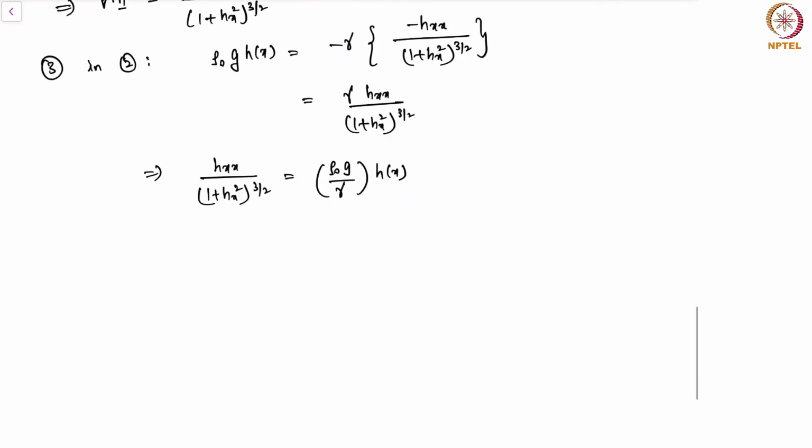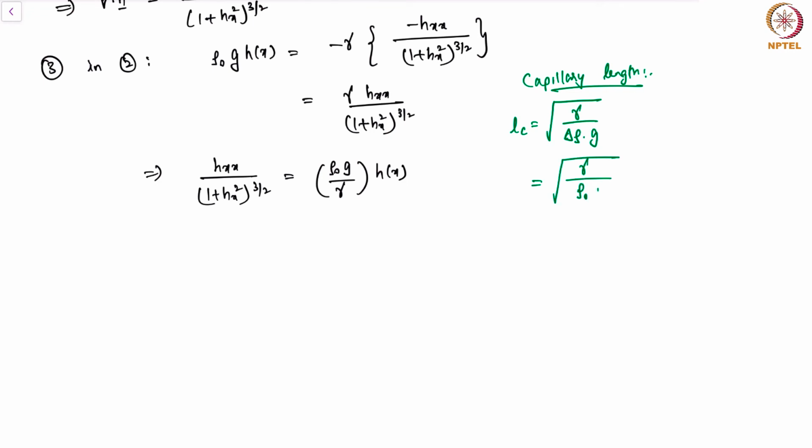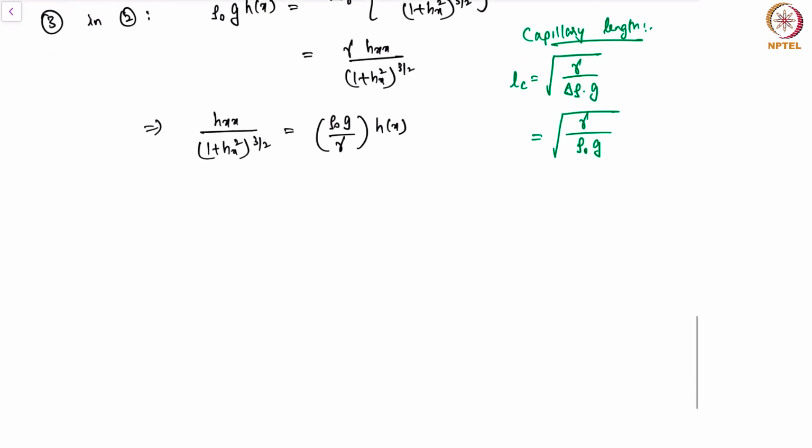Okay. So recall that we have already derived the capillary length. The capillary length would be gamma by delta rho times g, and this reduces to gamma over rho naught times g, because the density of the atmosphere above is neglected, and therefore this simply becomes 1 by LC square times h of x.